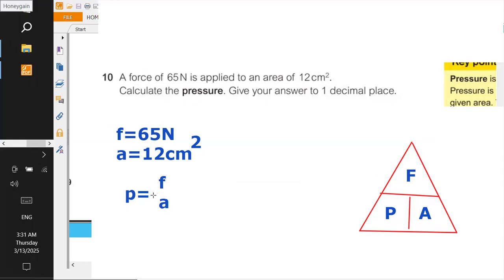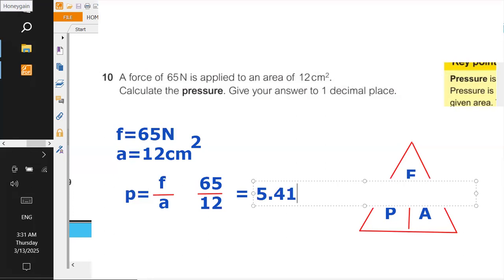Now I'm going to divide them. So force is what? Force is 65. So 65 divided by 12, which is the area. All right. I'm going to do it with a calculator. So 65 divided by 12, and the answer is 5.416.